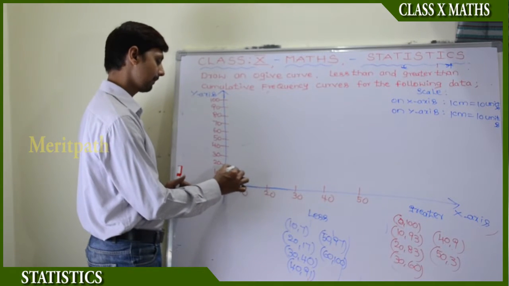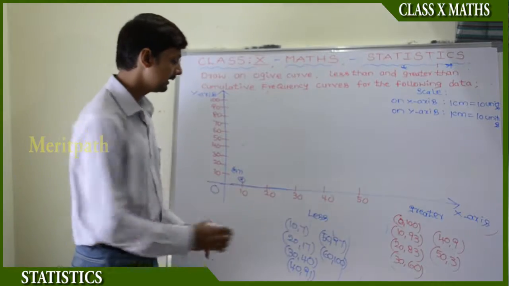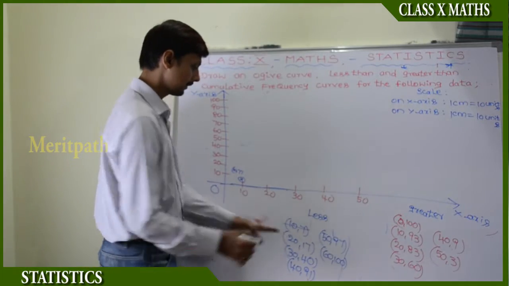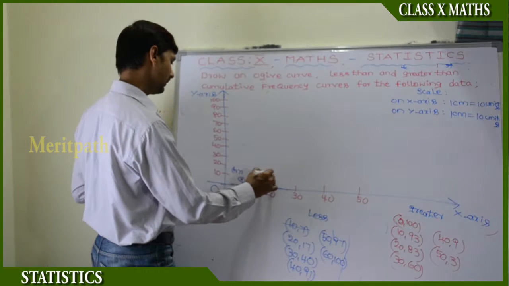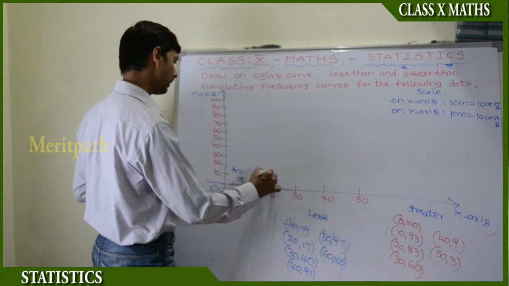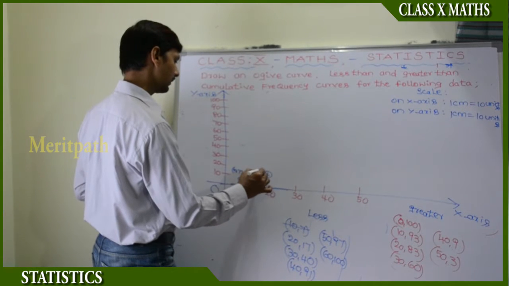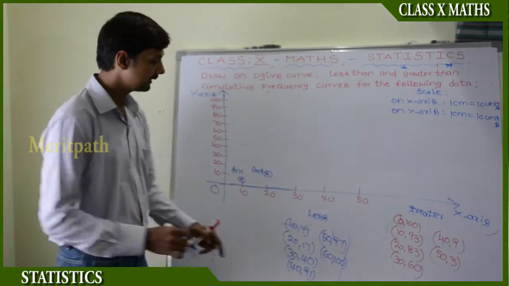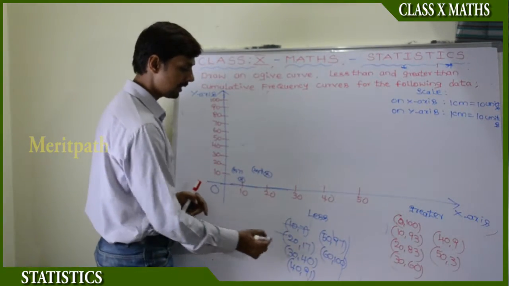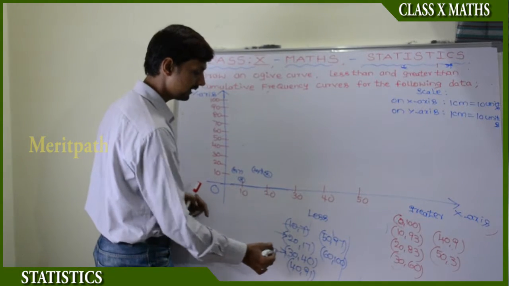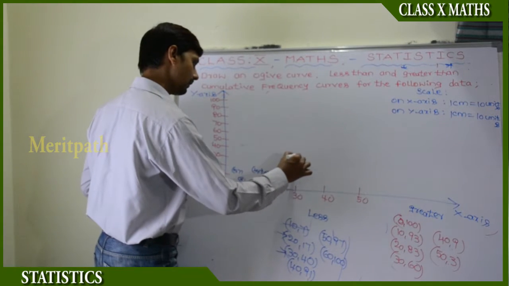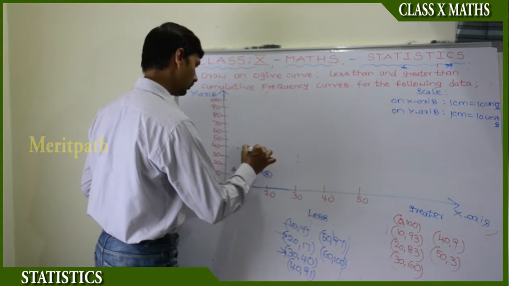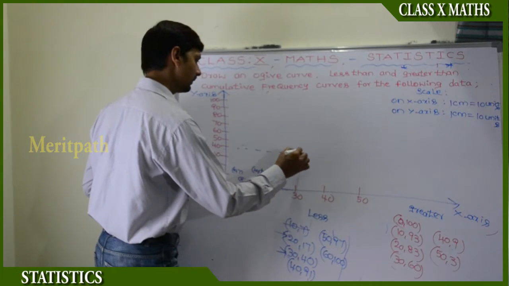Then the next one is 20, 17, just a little above the 10. The next one is 30, 40. This is 30 and 40.